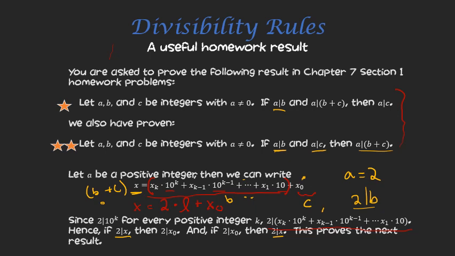So we have both directions here: 2 divides x if and only if 2 divides x naught. And what is x naught? x naught is the last digit of x. And so that's the result, that first divisibility rule for even numbers.